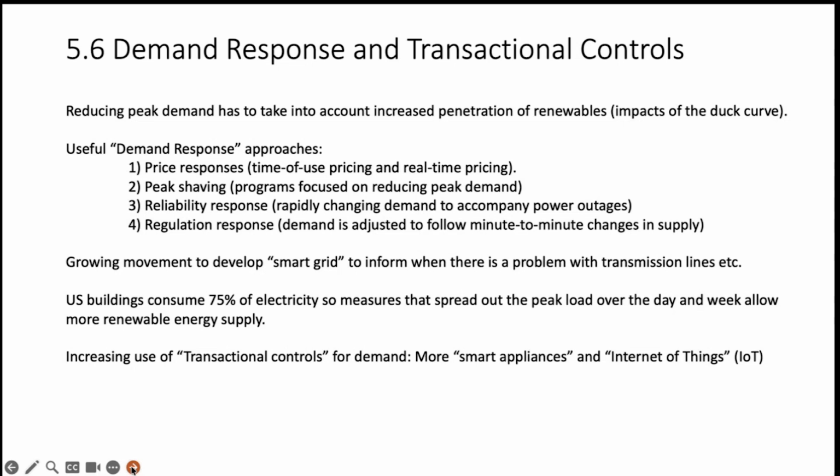And the book talks about the fact that U.S. buildings consume 75% of electricity, so measures that spread out the peak load over the day and the week allow more renewable energy supply. And there's increasing use of these transactional controls for demand, more smart appliances, and what they call IoT, the Internet of Things.